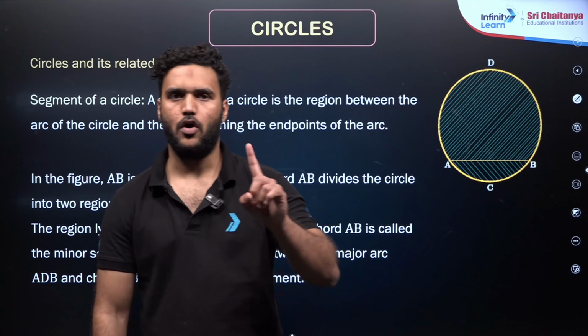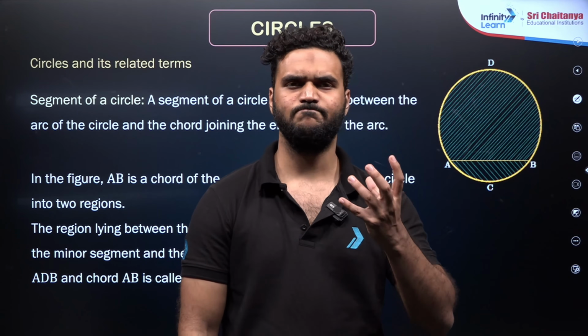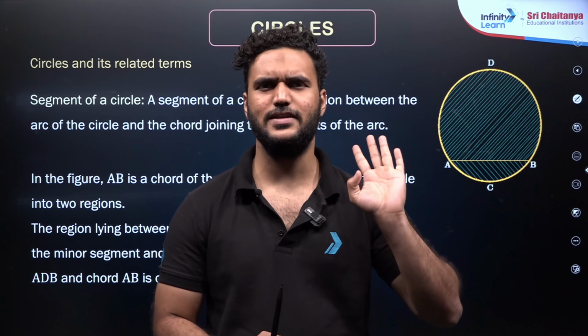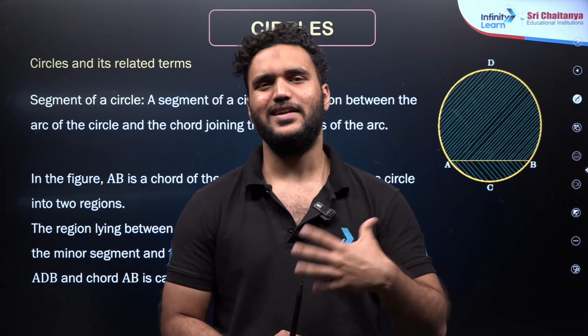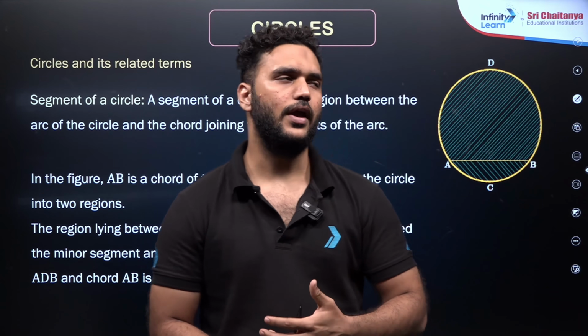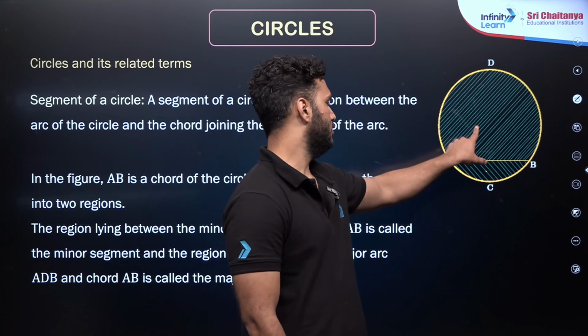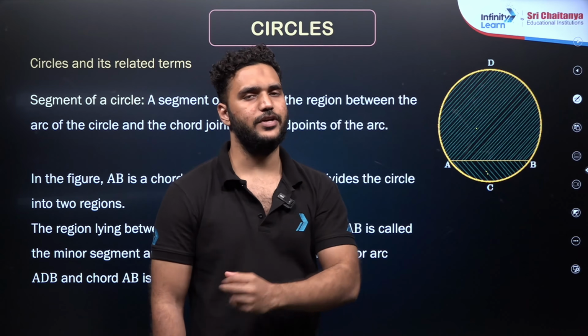Now segment. What is a segment? We have talked about the chord. Chords divide the circle into 2 parts, not necessarily equal, but yes, a diameter divides it into 2 equal parts. But let's talk about a general chord. The chord divides the circle into 2 parts. This part is known as a segment, and they are also minor and major.